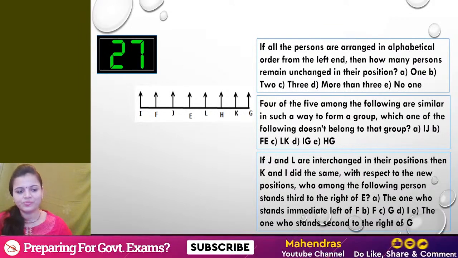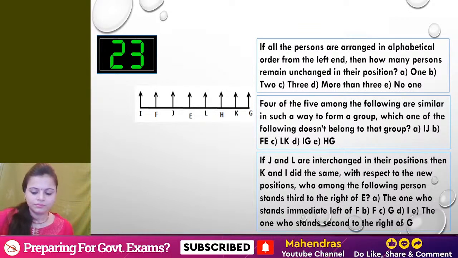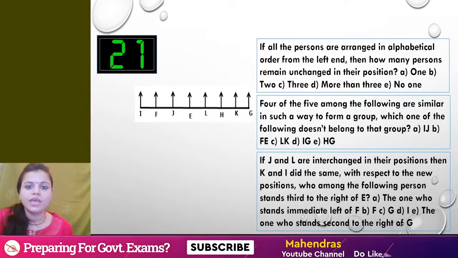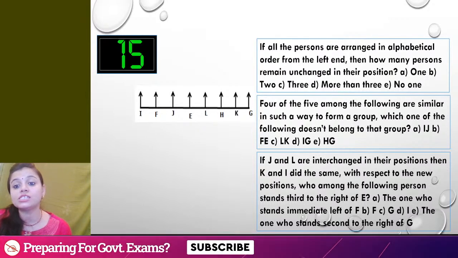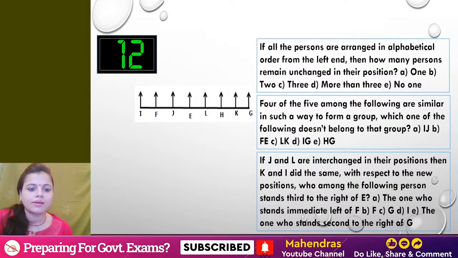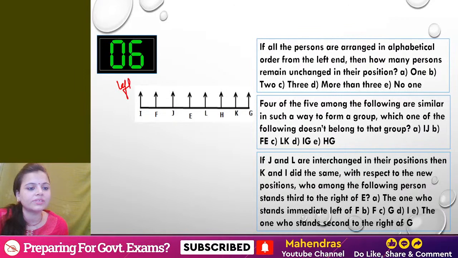Just try this question. If all the persons are arranged in alphabetical order from the left hand, then how many persons remain unchanged in their position? Left hand means this is your left hand.